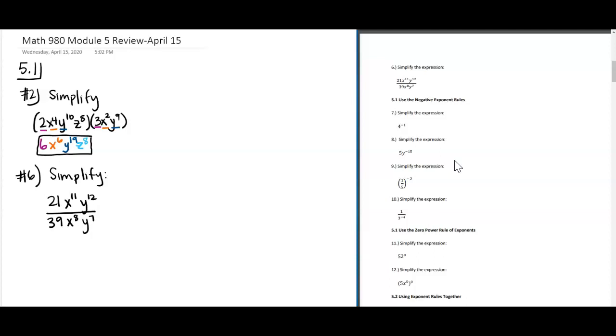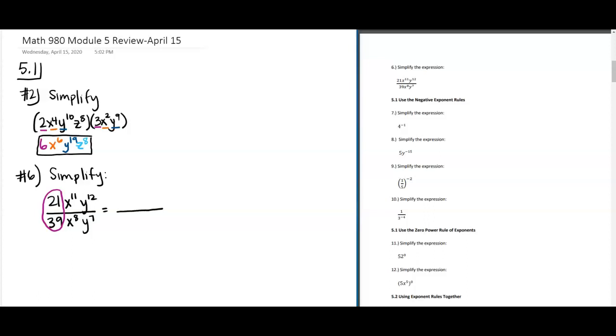Right, so just like we combined the things together that were similar in number 2, we're going to do those same things here on number 6. So let's first look at our number part, right? We're trying to reduce this fraction to simplify it.